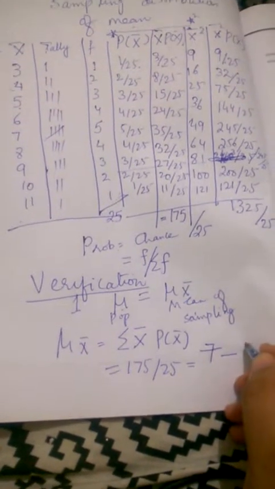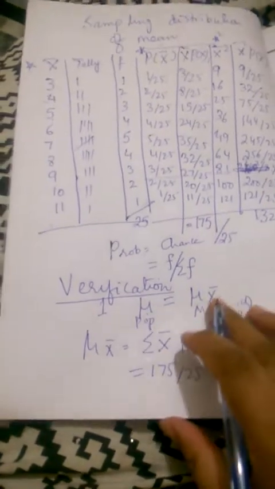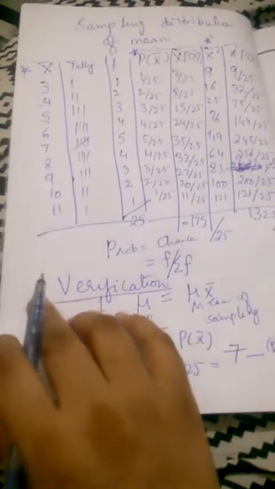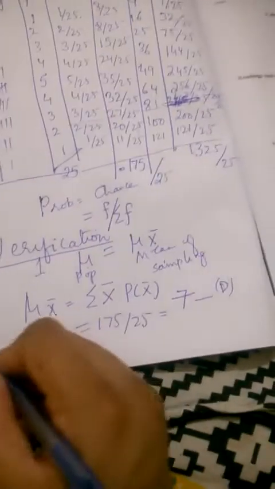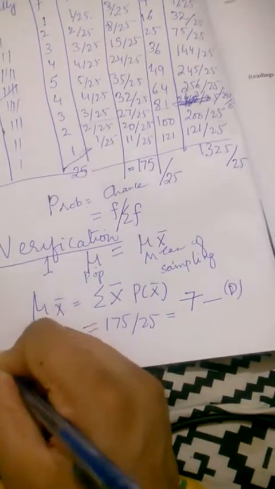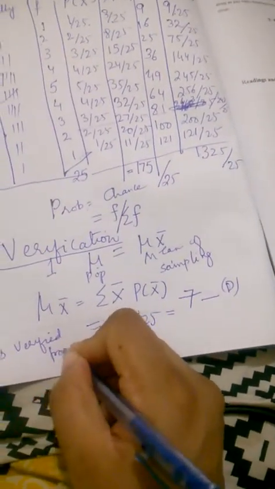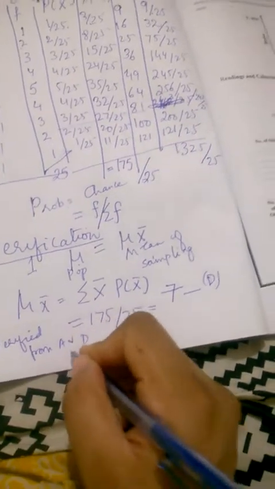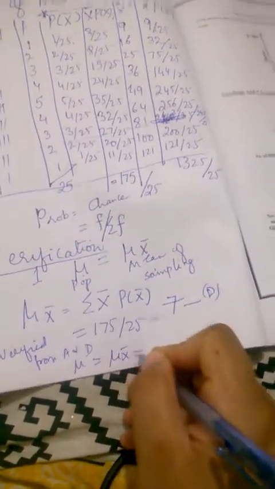Now this is your statement D. As we had done previously, our population mean, as you can see in A, is also equal to 7. So verification done. It is verified from A and D. Mu of x is equal to mu of x bar is equal to mu.